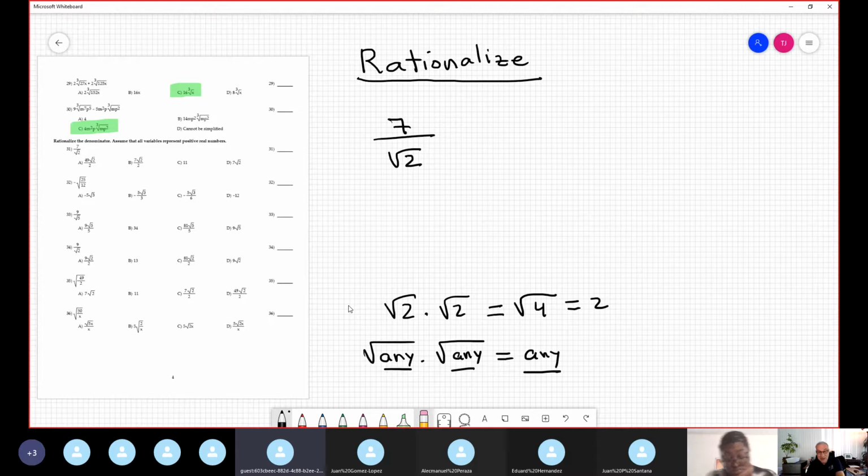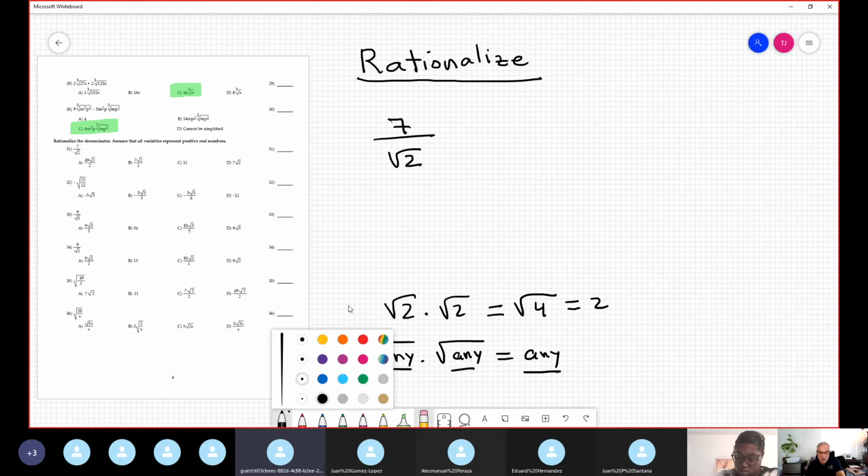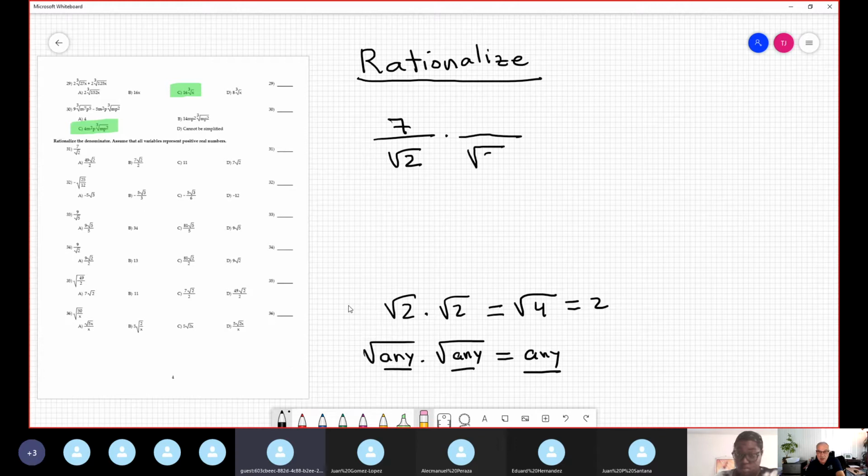So this is a fantastic way to eliminate radicals. Look at that, this is my original problem. We create the smart one, which is radical 2 over radical 2. You know that any number or expression divided by itself is 1, and this doesn't affect my problem. So this is my original problem. However, I create one smart one to help me rationalize.